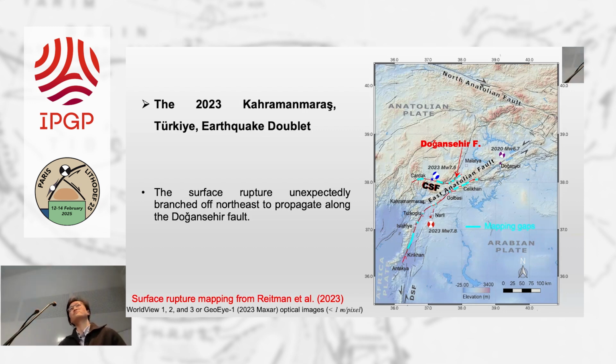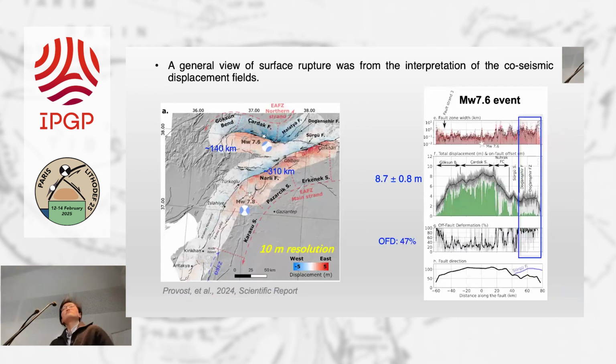After this earthquake, USGS quickly mapped the surface rupture. This is a good one, but from their mapping, we can still see some mapping gaps, as these blue lines show, especially along the northeastern striking section of the second earthquake. Then Florian used Sentinel-2 images to acquire the deformation field with 10 meter resolution.